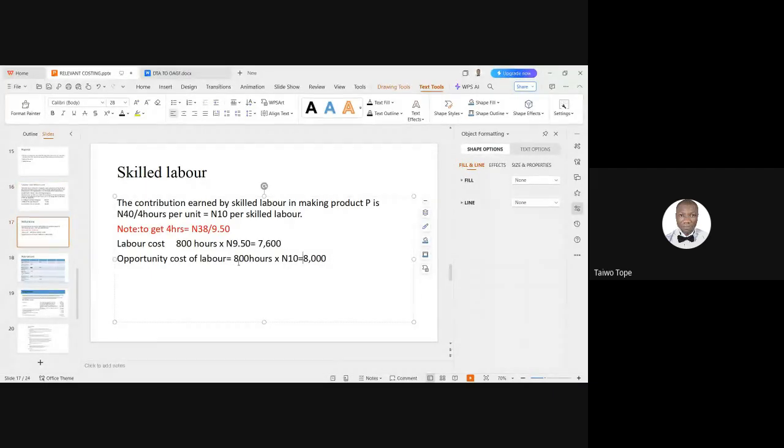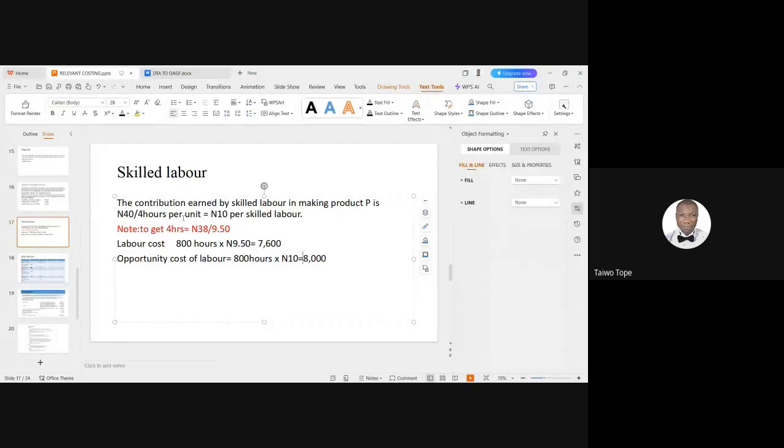That is why this concept of contribution is coming in. What is these skilled workers giving? What is their contribution in producing product P? It's 10 naira per unit, and we're using 800 hours. Overall, the contribution is 8,000.